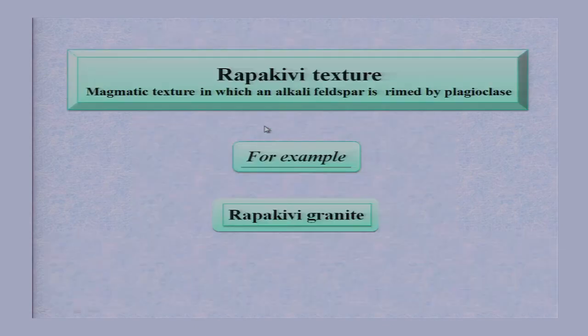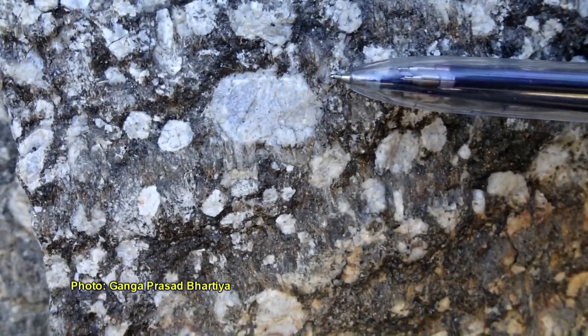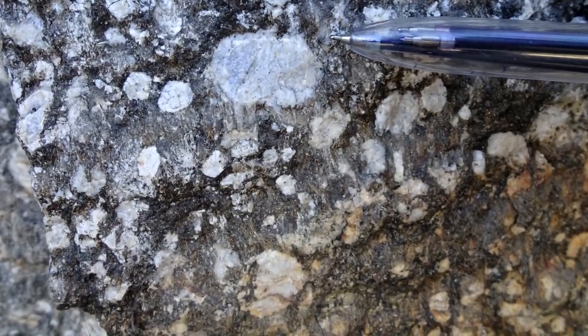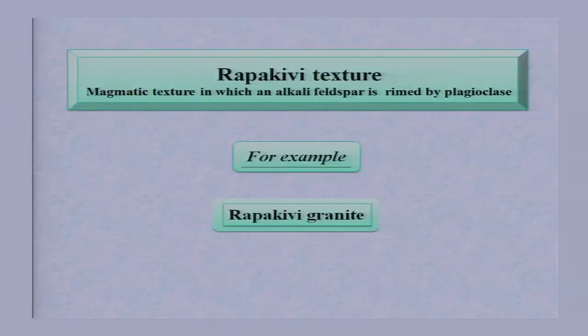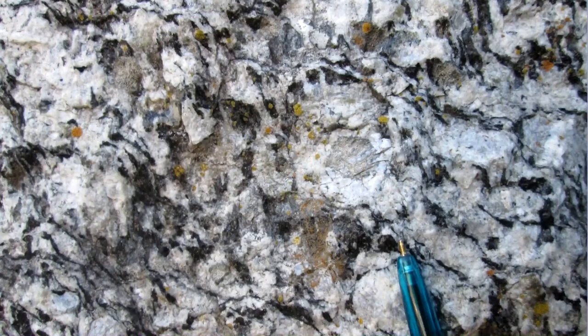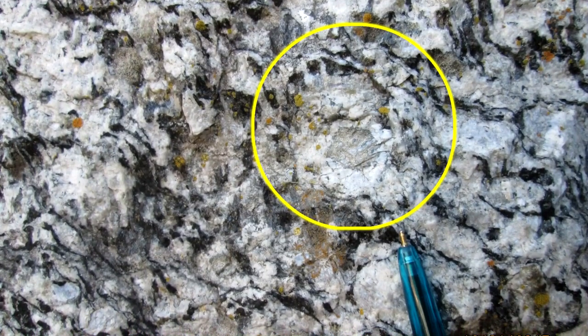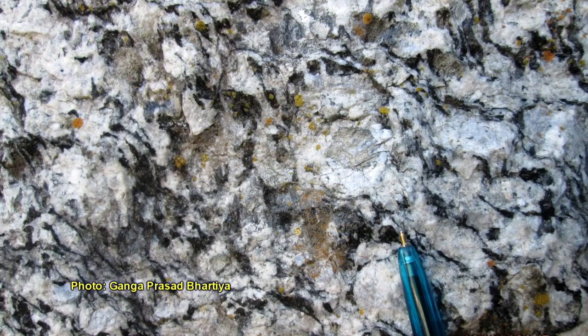I am citing another variety of texture which is called Rapakivi texture. It is a magmatic texture. An example is Rapakivi granite. Rapakivi texture is found in granite, therefore we call it Rapakivi granite. We use Rapakivi texture as a prefix here to define a rock. Rapakivi granite shows feldspars, rounded feldspars.